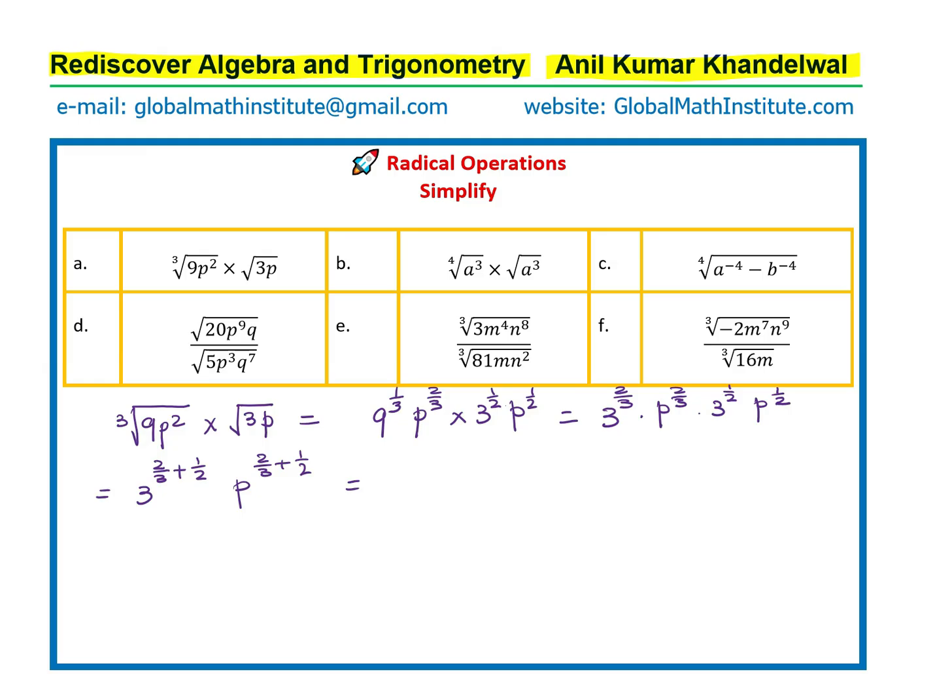When you have to do this, you have to take the common denominator, which is 6, and this becomes 4 plus 3 over 6, which is 3 to the power of 7 over 6 and p to the power of 7 over 6. That means 3 to the power of 6 over 6, which is 3, and 1 over 6 remains, right? So 3 times 3 to the power of 1 over 6.